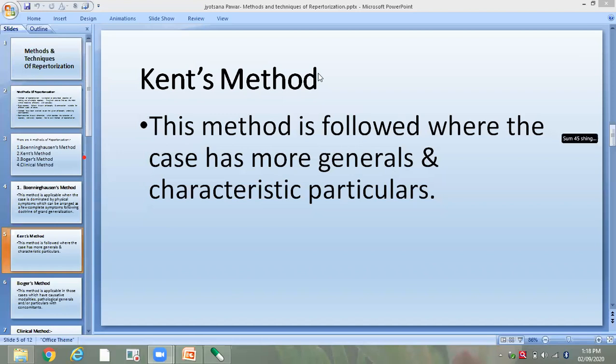All of you know about case taking. Yes, Rishikesh?